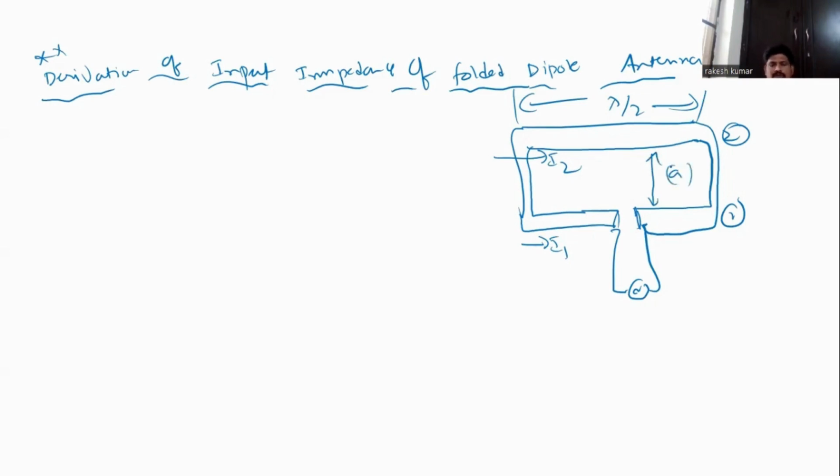The separation between these two dipoles is lambda. So the equivalent circuit is two dipoles of length lambda by 2.